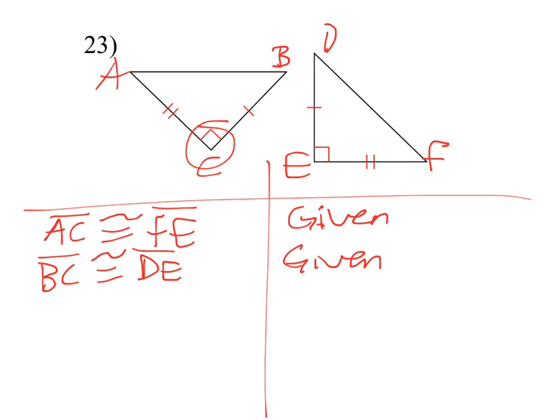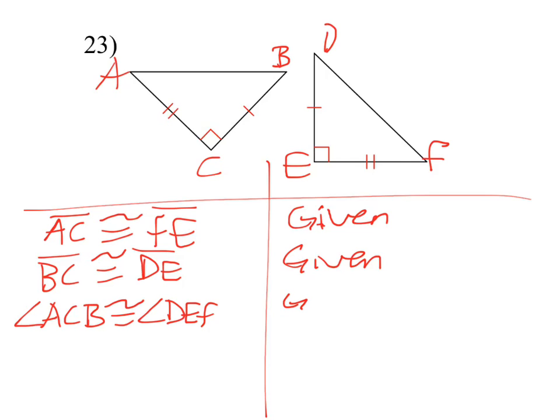And then I have these two angles here, and that's right on the picture. They're both right angles, and so they have to be congruent. That's angle ACB is congruent to angle DEF. And that's given. It's right on the picture. So now we have two sides and the angle between them, two sides and the angle between them.